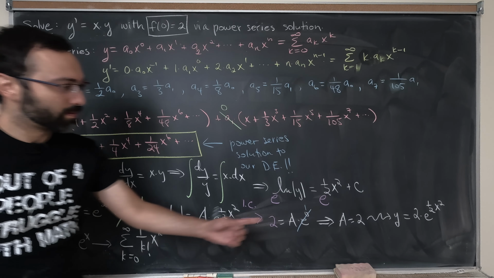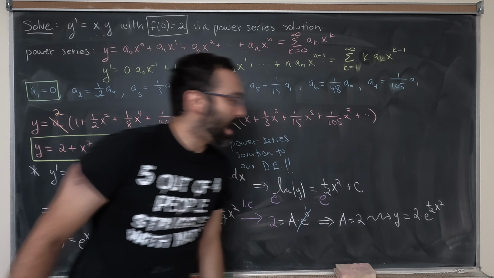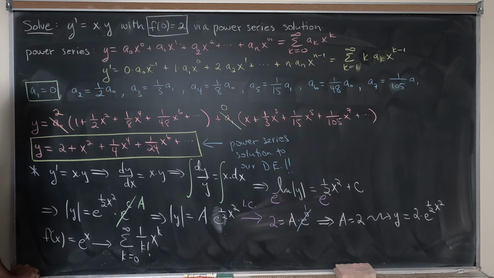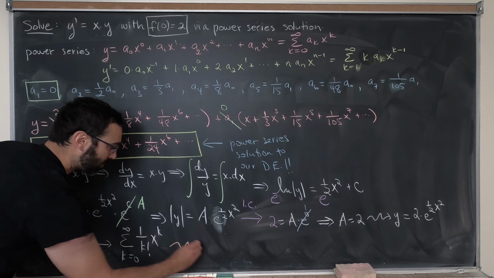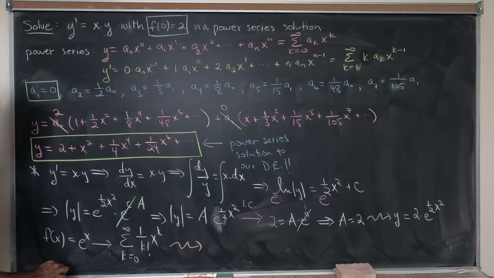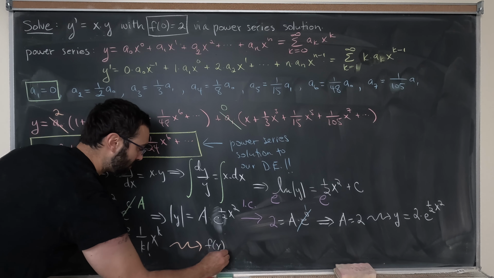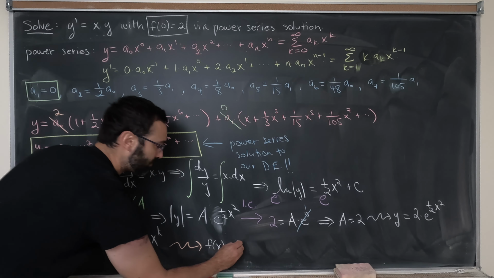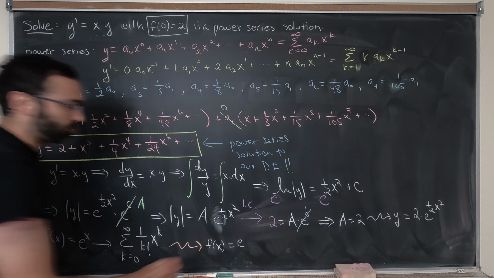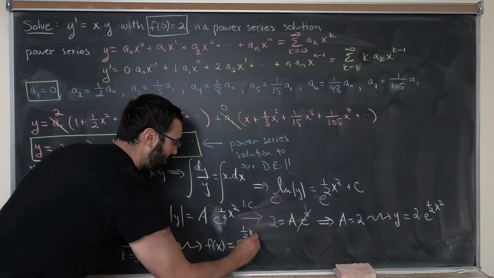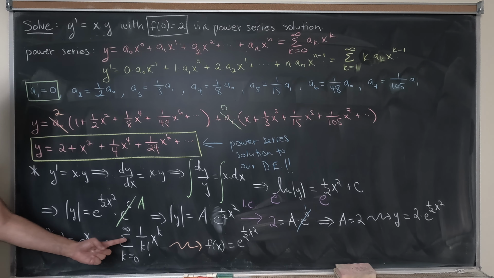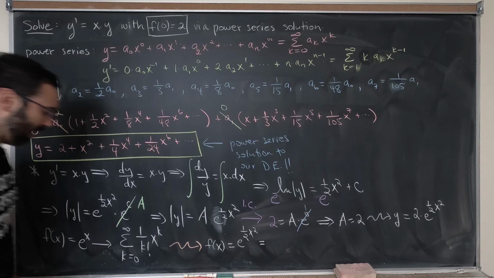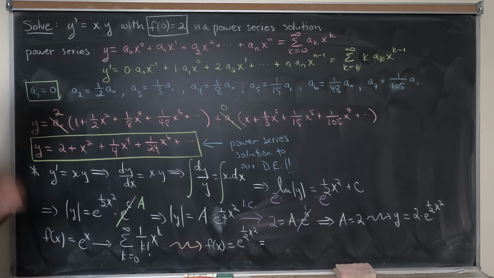In our case, we have half x squared as our exponent, so that gives us the following. f of x equals e to the power of half x squared, which would mean if we take this series here and expand it out, we would get the following terms.